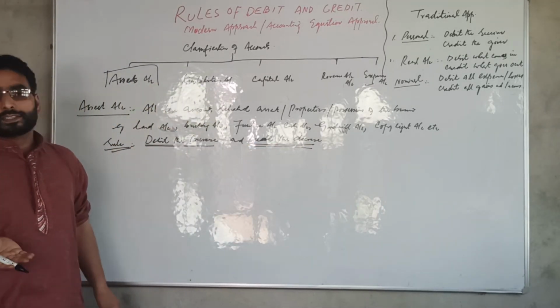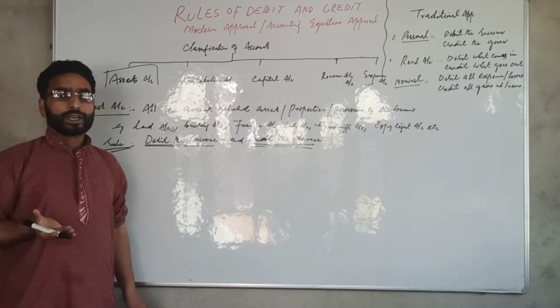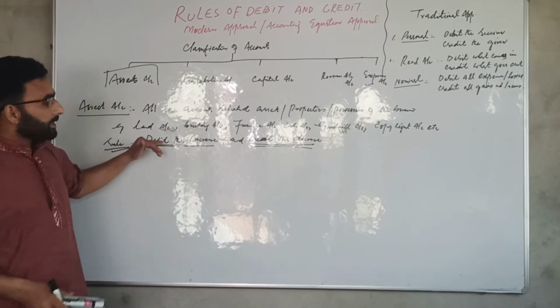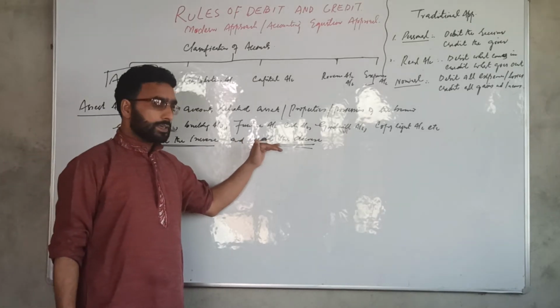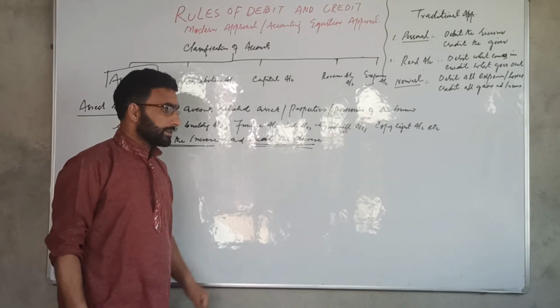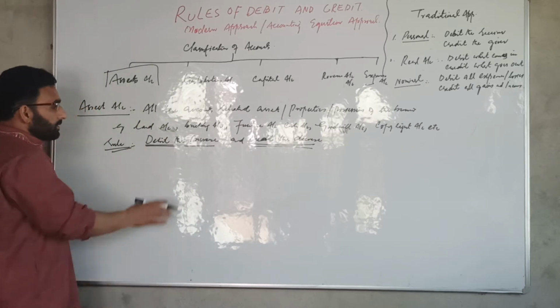When there is any increase in the assets, at that time the assets account is debited. When there is any decrease in the assets, at that time the assets account is credited.